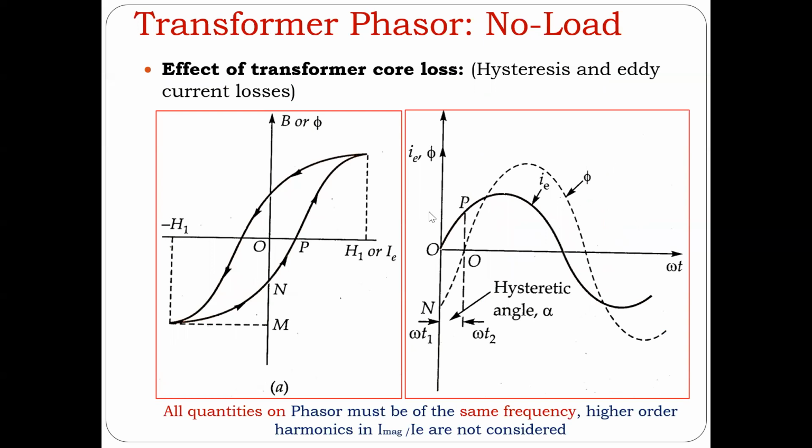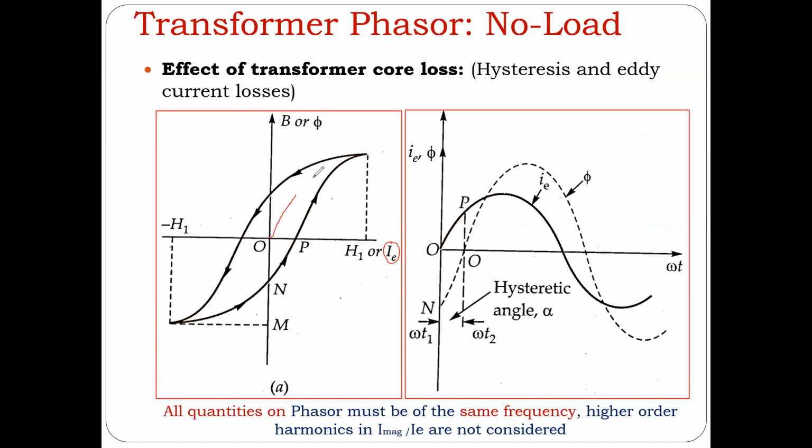Now, what's the effect of transformer losses, or especially the core losses? You've seen this before. For the transformer core, because of the current I in the coil, a magnetomotive force was created that would generate a flux. So the flux would always lag, okay?